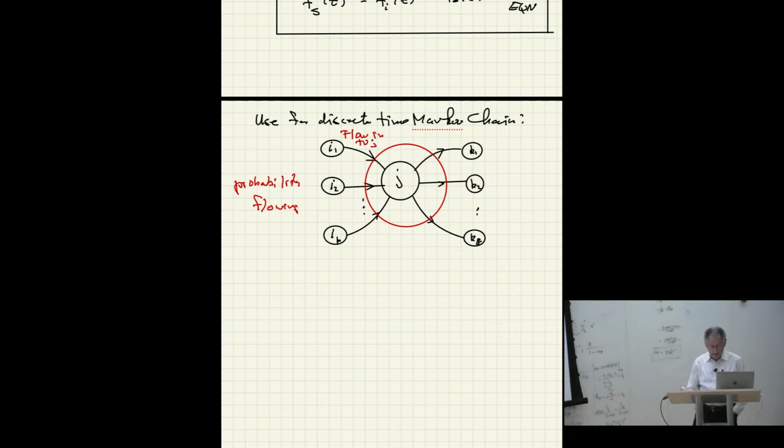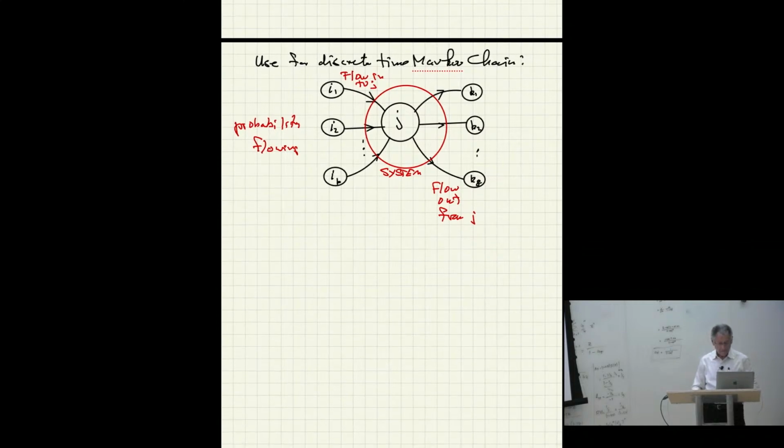These output states are flowing out from j. And the system I'm discussing, state j, I'm going to call a system. Now, in equilibrium, the amount of probability flowing in is the amount of probability flowing out. So what stays in j is constant over n, over time.